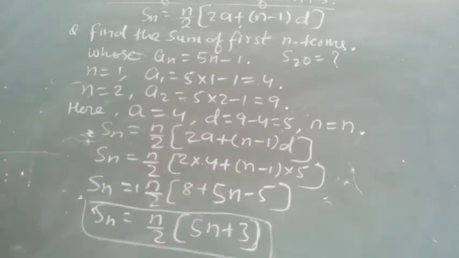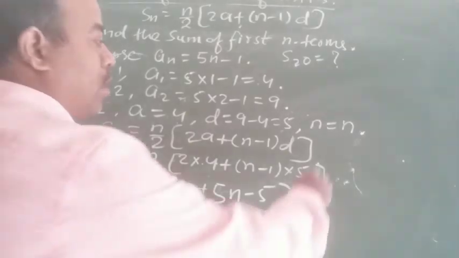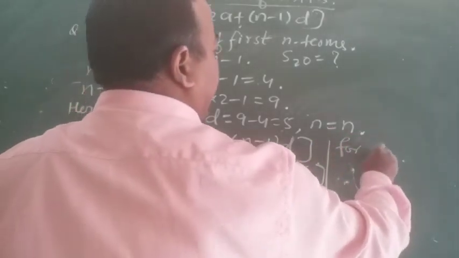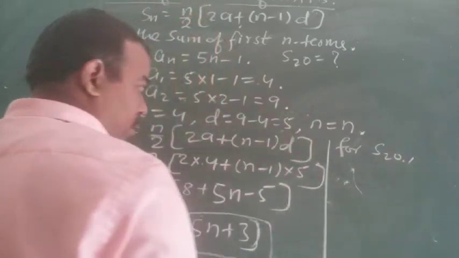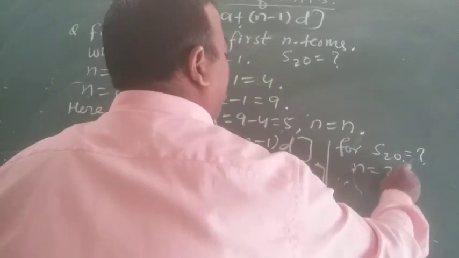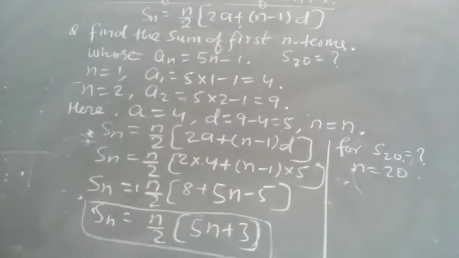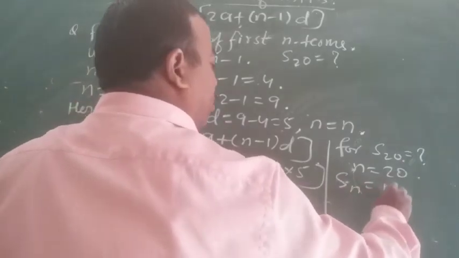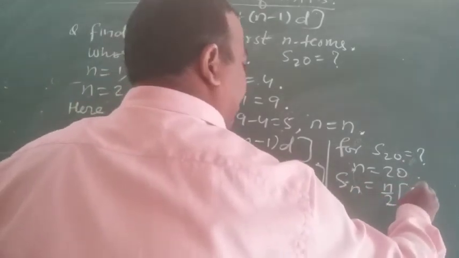Now I want the sum of 20 terms, S20. Put n equal to 20 in Sn equals n by 2 times (5n plus 3).